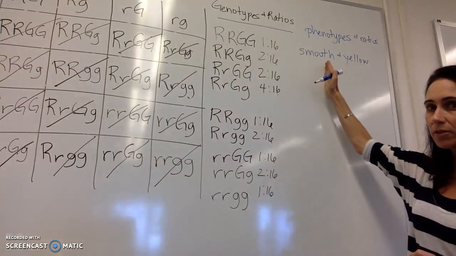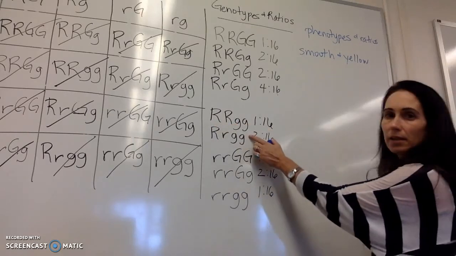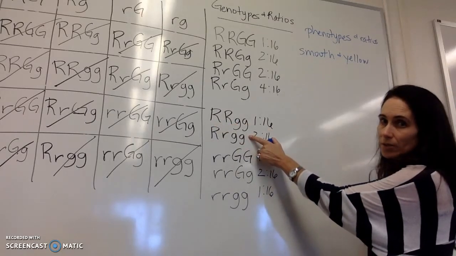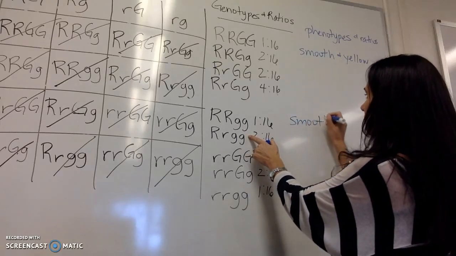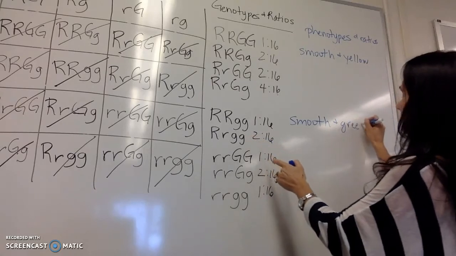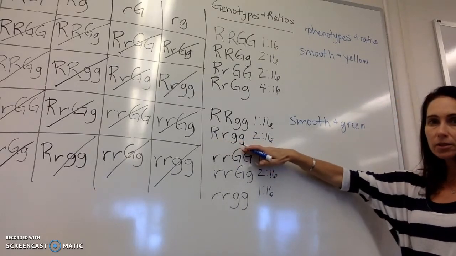So we have that phenotype listed. Here we get smooth and 2 recessive alleles produces a green colored seed. So we'll write that phenotype, smooth and green. Okay, next one, smooth and green.